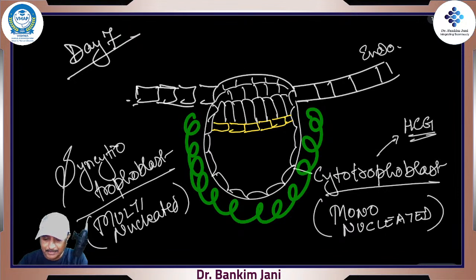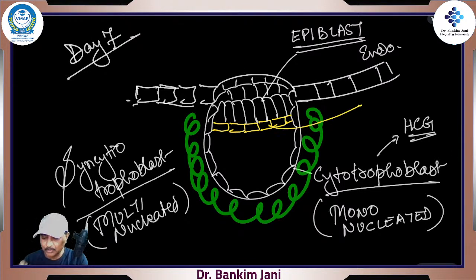What are these? This one, writing in capitals, is called the epiblast. And this one is called the hypoblast.